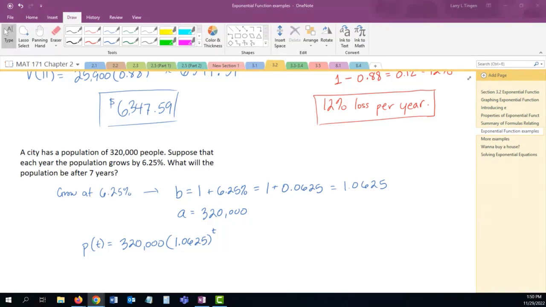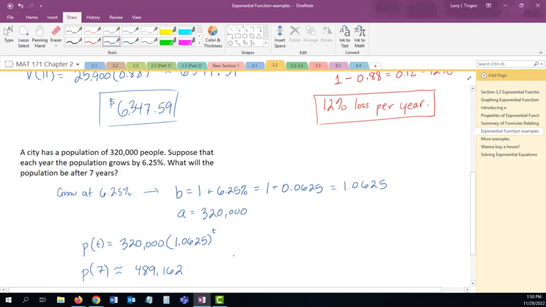So what happens when I plug in 11? If that's P at T, or not 11, 7. When I plug in 7, so in 7 years, if I see 6.25% growth every year for 7 years, I'm estimating that my population will be 489,162.